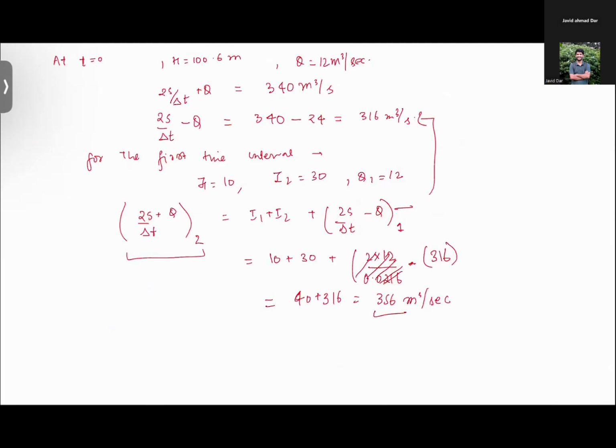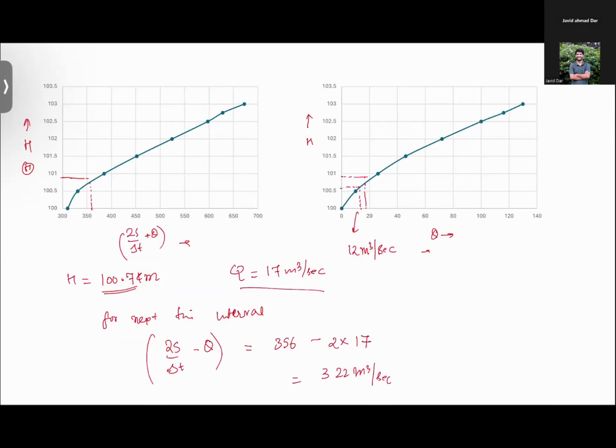Similarly, after this, you take the values of I1 and I2, Q1, and then compute this. After this, you again compute the value of H. So you have to repeat this process until you get the Q outflow. This will be your outflow discharge hydrograph.